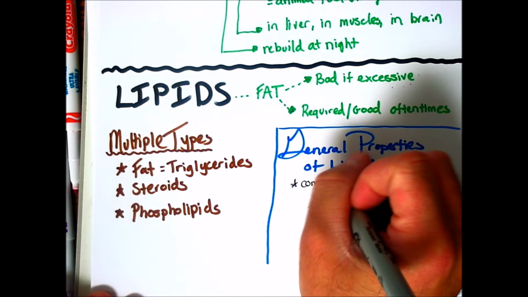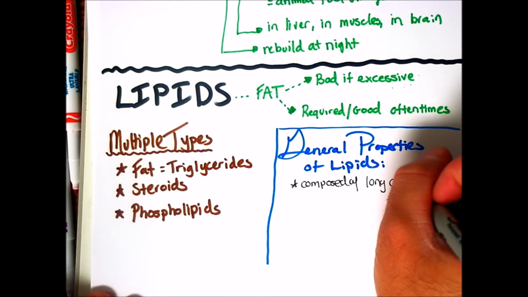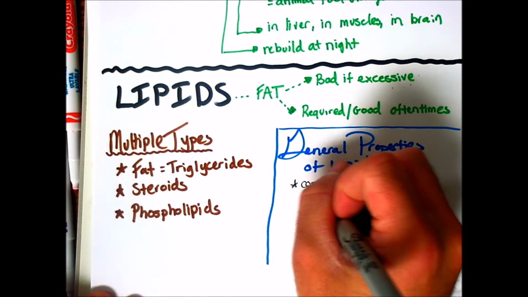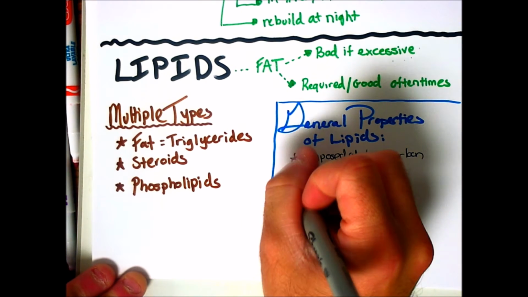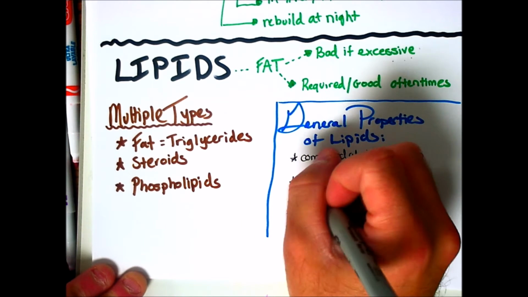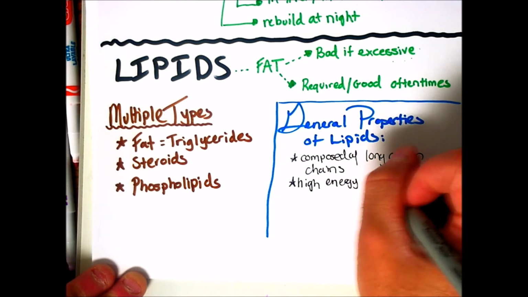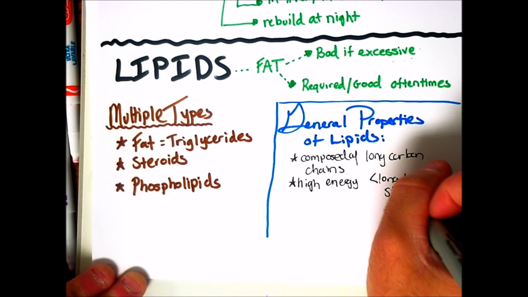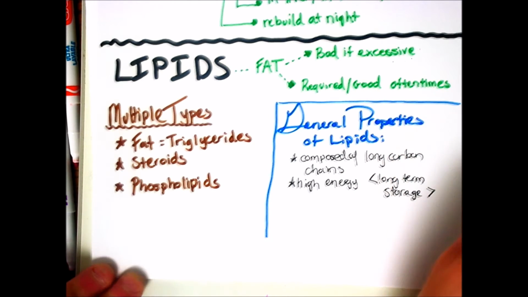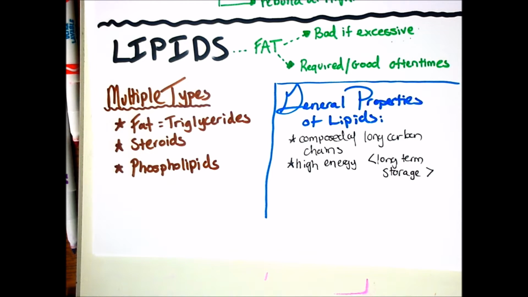They're composed of generally long carbon chains with very little more than just hydrogen attached to them. Oftentimes, that allows these entities to have lots of energy. These are high energy compounds, generally speaking, therefore more of the long-term storage. So when we think of carbs, we should think of quick energy, but when we think of fats, we should think of long-term permanent energy storage.